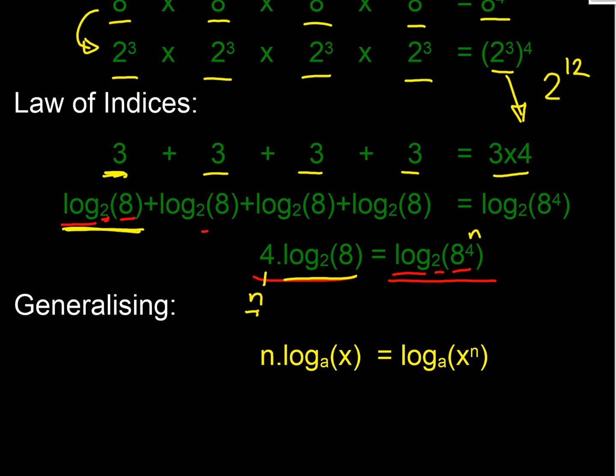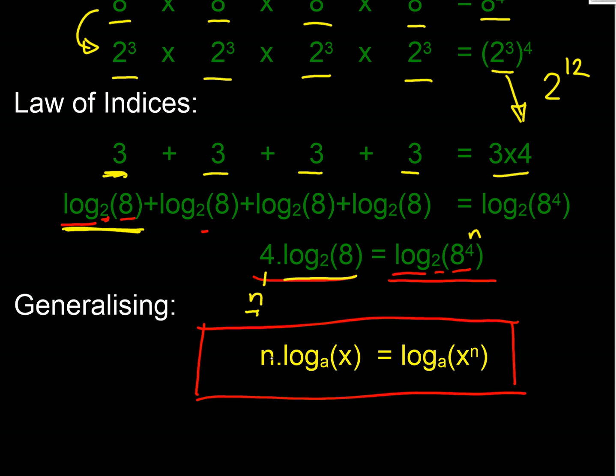So we've just given an example, rather than a proof, of our generalized position that n times the log base a of the number x is the log base a of x to the n. And if you think about it, it's easy enough because in here we've basically just got log a of x times x times x times however many times through the n, haven't we?